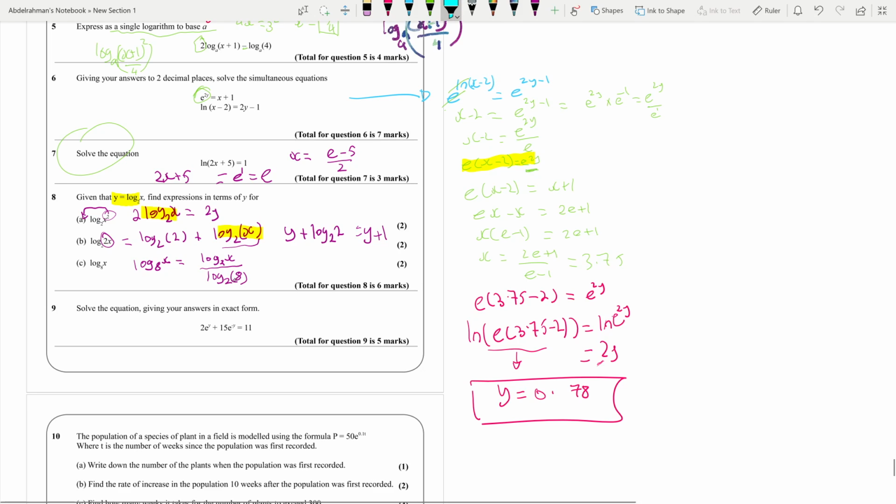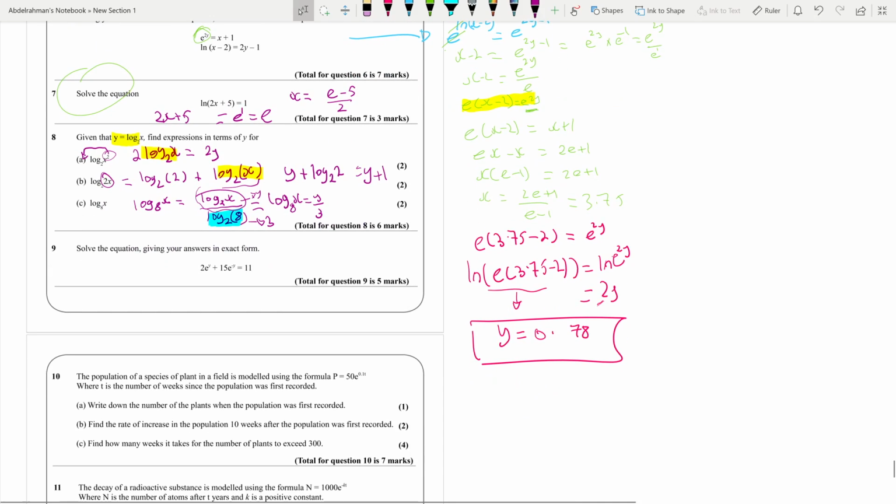This part here is like a correction factor. So it's just correcting this modification. All right, and then when we do that, it will be log base 8 of x is equal to, this part we know is y over 3. You can get that from the calculator, is equal to 3.